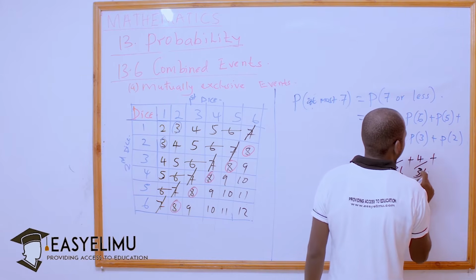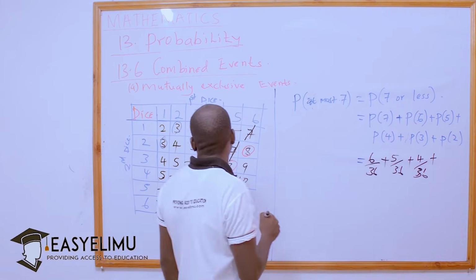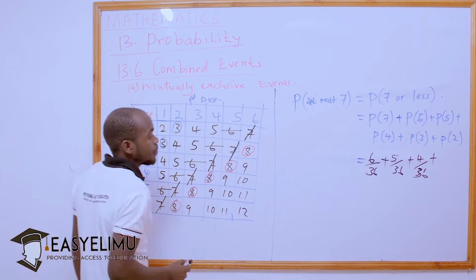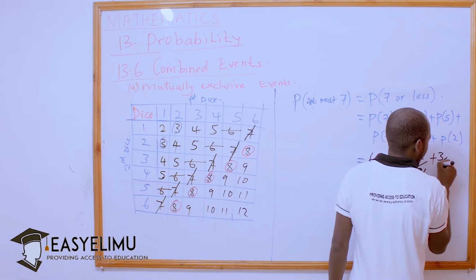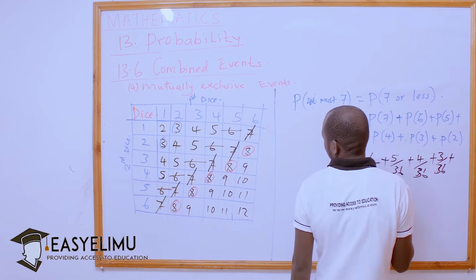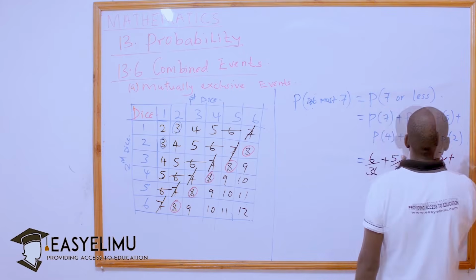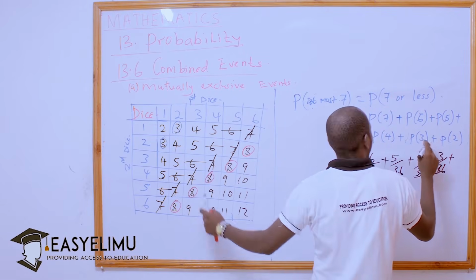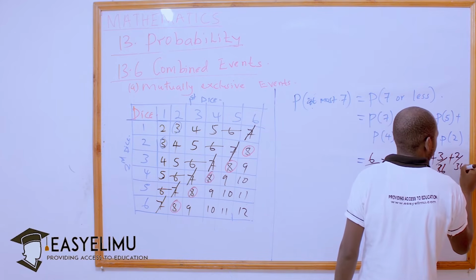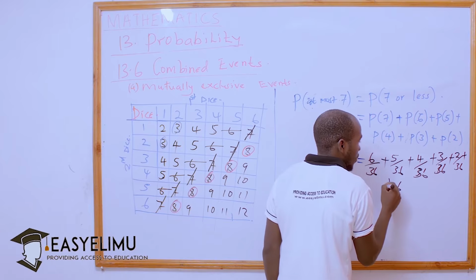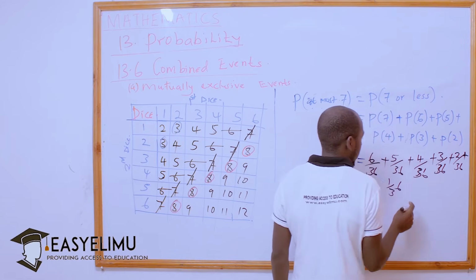And we shall add to that of 4, and that of 4, you can help me, there are 3. So it's 3 over 36. Plus that of 3, we are having 2 of them, so 2 over 36, and then we add to that of 2, and that was 1 over 36.